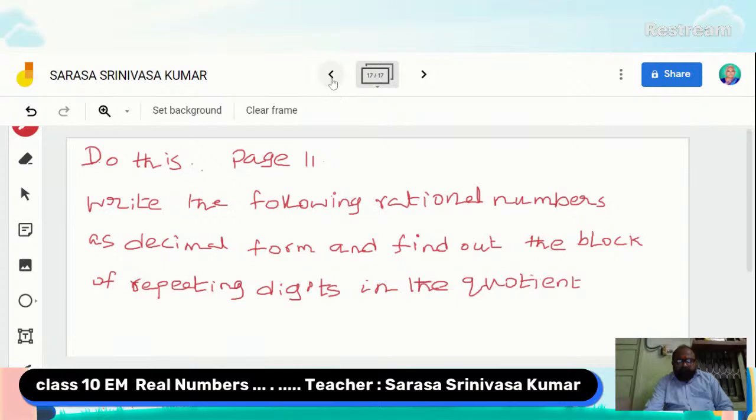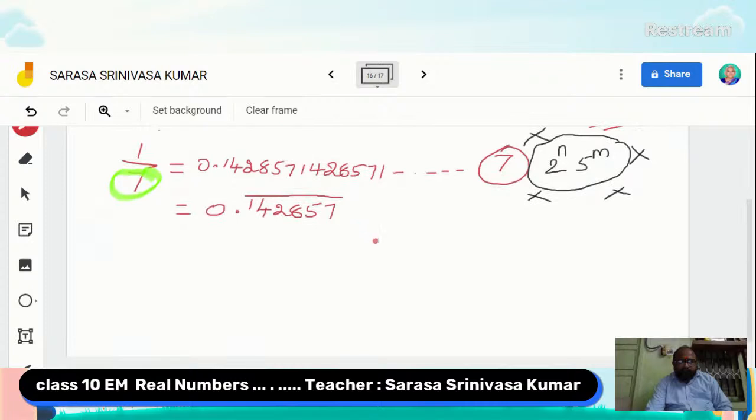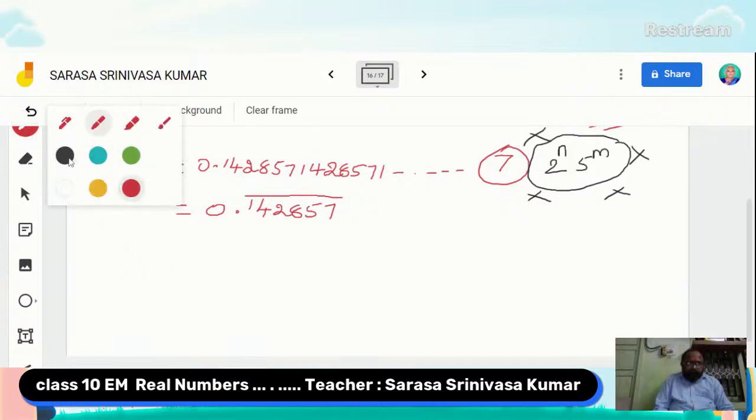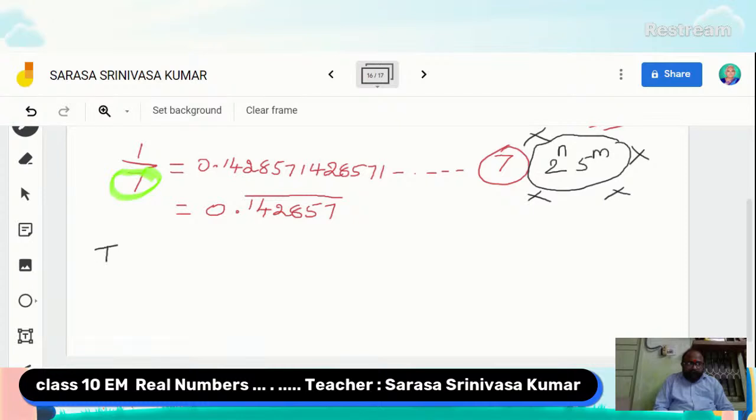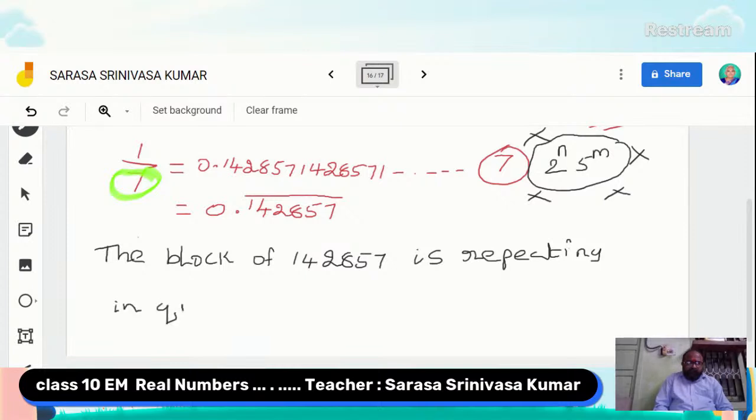Here in the earlier problem, the block of 142857 is repeating in the quotient.